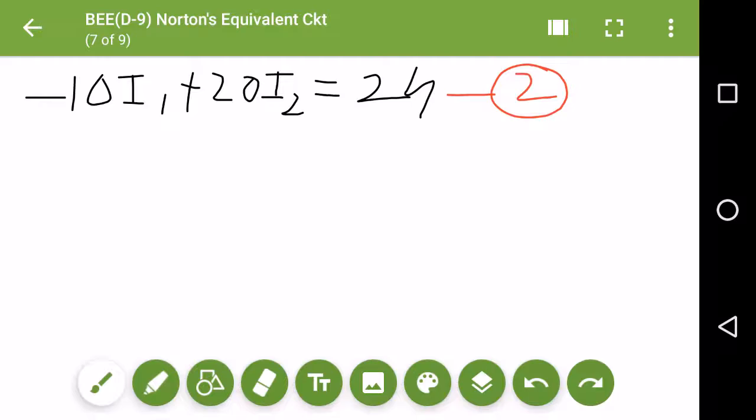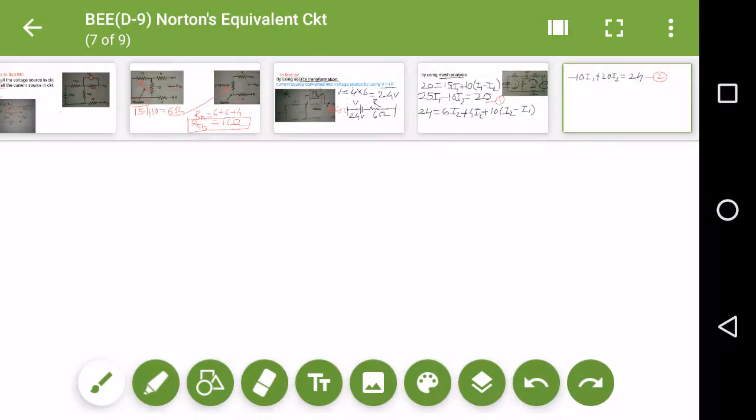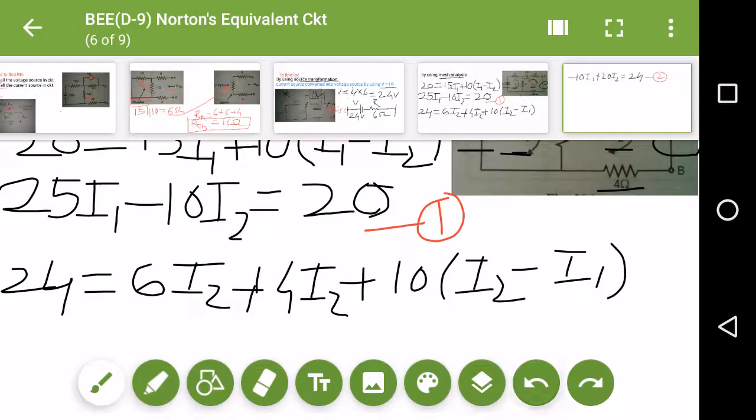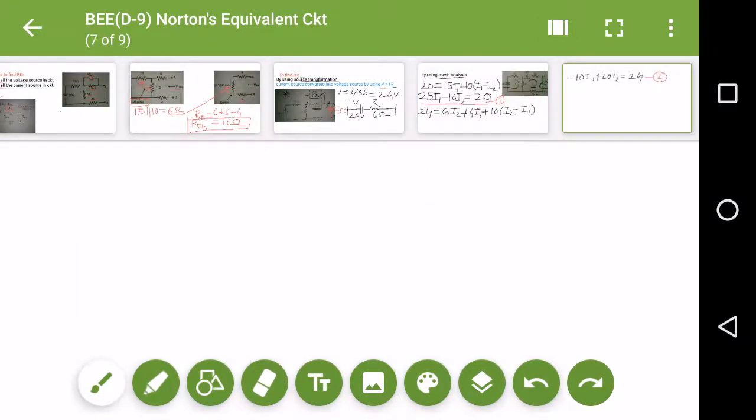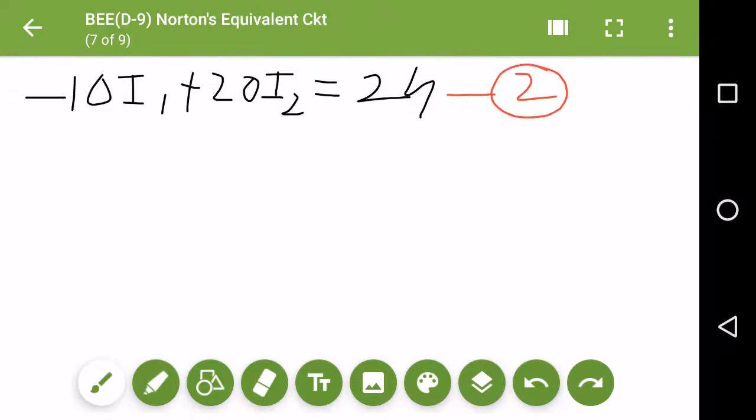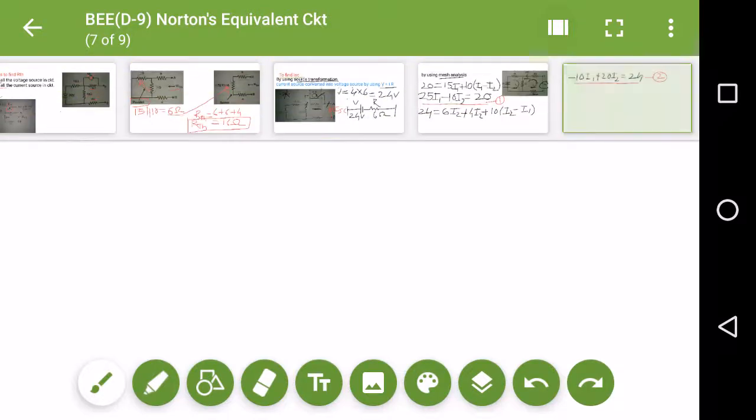So I solve my first equation and my second equation simultaneously, and I will get the value of I2. Remember, I need to find the value of I2.